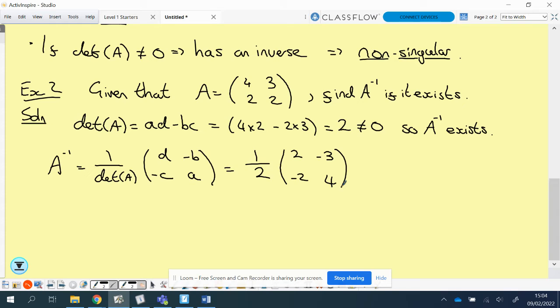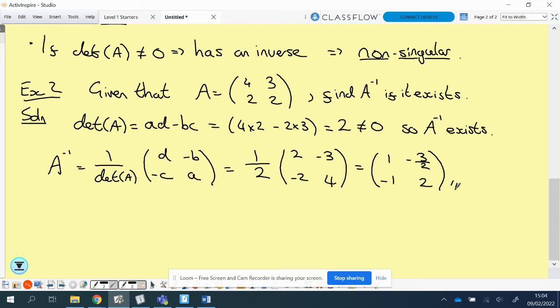If we put a half into that, then we get 1, minus 3 over 2, minus 1, and 2. And that would be the inverse for the A matrix there. You okay with that? Cool.